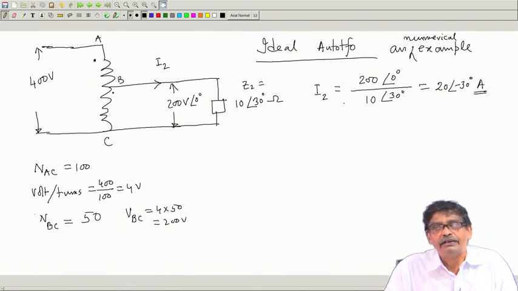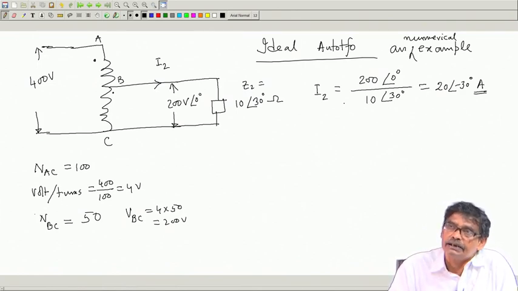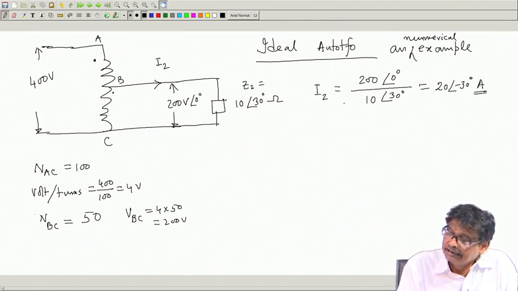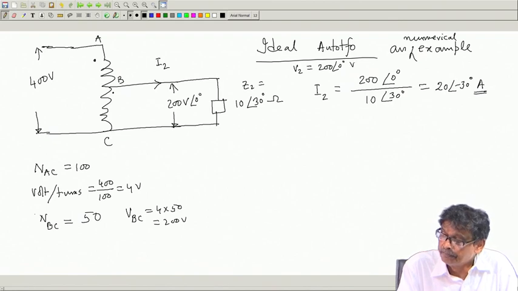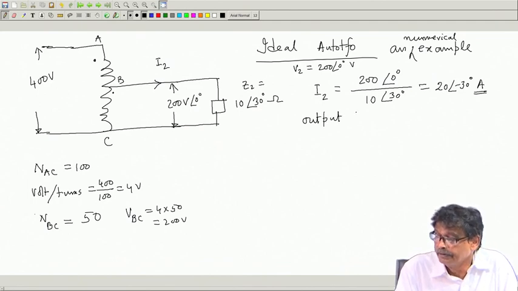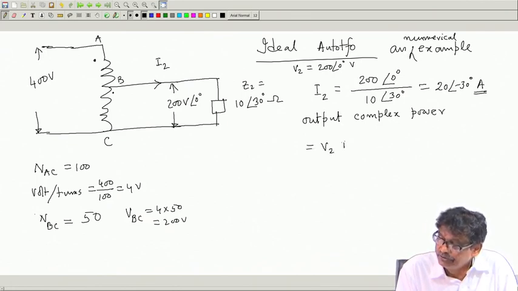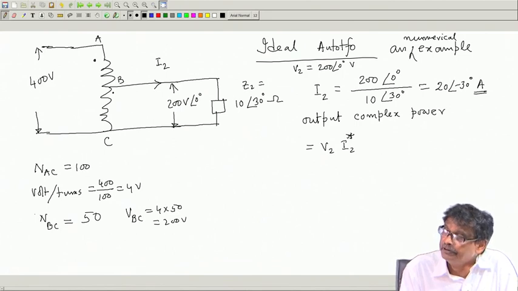Now, I will argue, as I did in case of a 2 winding ideal transformer, that this is I 2, and V 2, first I write V 2 is equal to 200 0 degree volt. I 2 is this. Then output complex power is equal to V 2 I 2 star, that is what we will be doing.